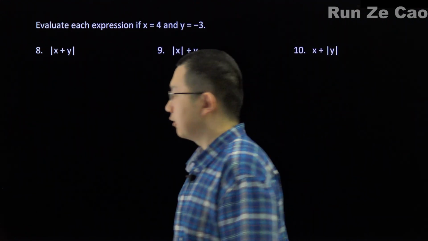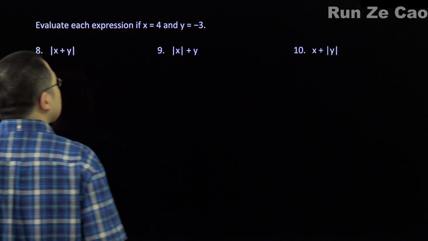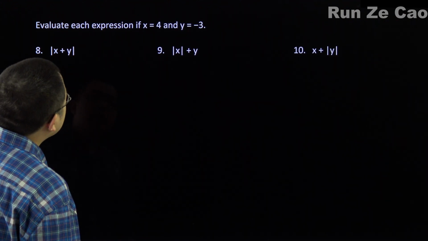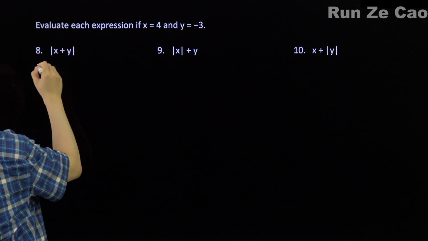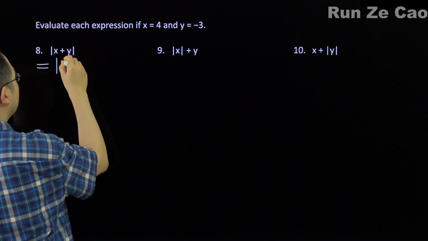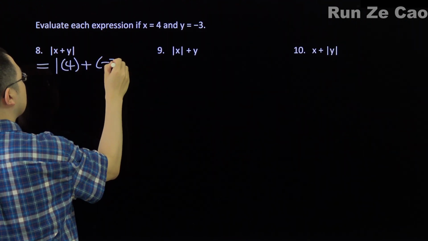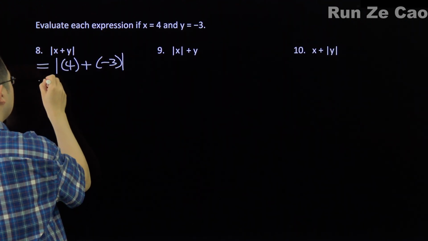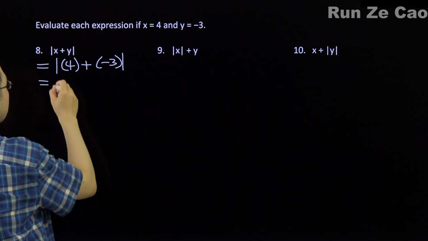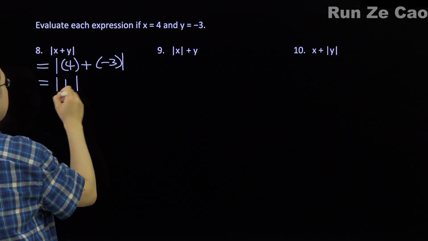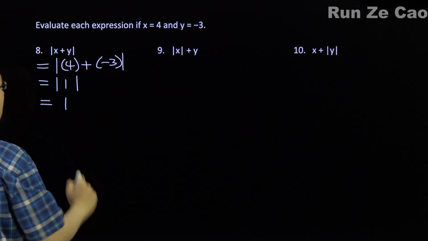Unlike, say, word problems. Evaluate each expression if x equals 4 and y equals negative 3. Okay, the magnitude of x plus y, that's a magnitude of 4 plus negative 3. So that's a magnitude of 1, which is equal to 1.